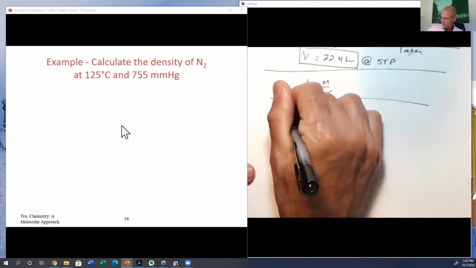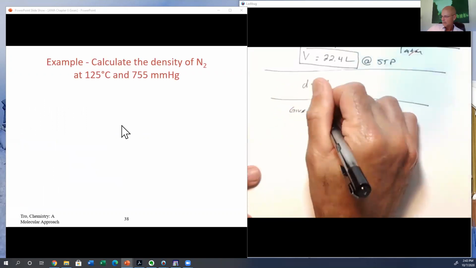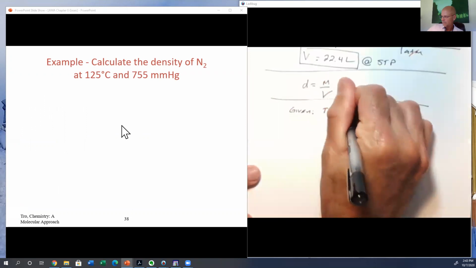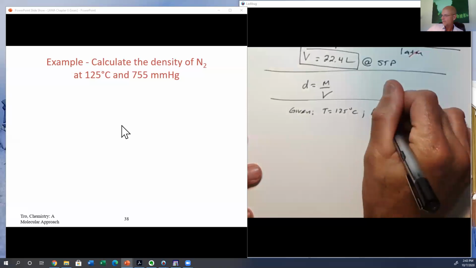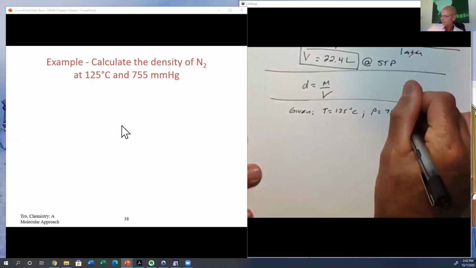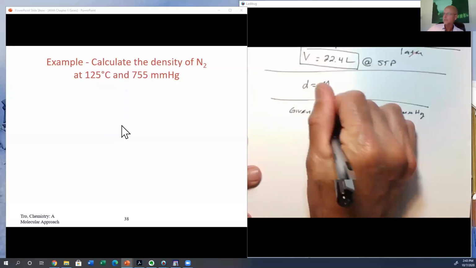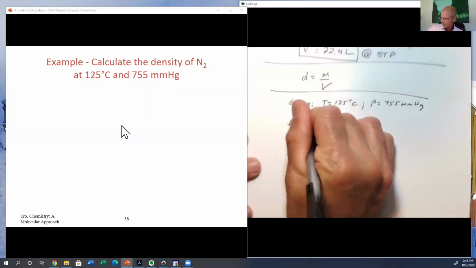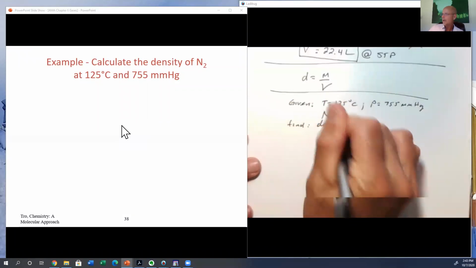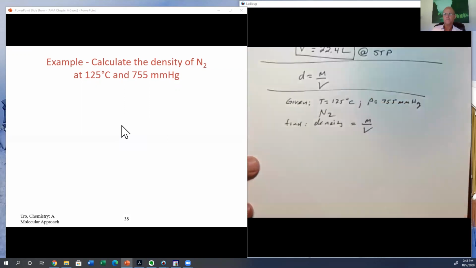Given temperature is equal to 125 degrees Celsius, and given pressure is equal to 755 millimeters of mercury, and given that we have nitrogen gas, we're trying to find the density. Density is equal to mass over volume.